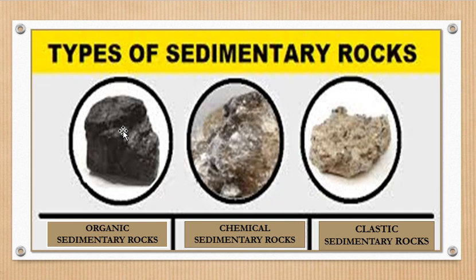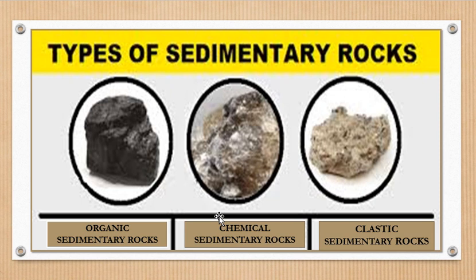For example, shells, leaves, or bones of animals that accumulated. If you have observed already, some rocks have shells or organic materials embedded in them, or leaves, sticks, or parts of a plant. That is organic sedimentary rocks.